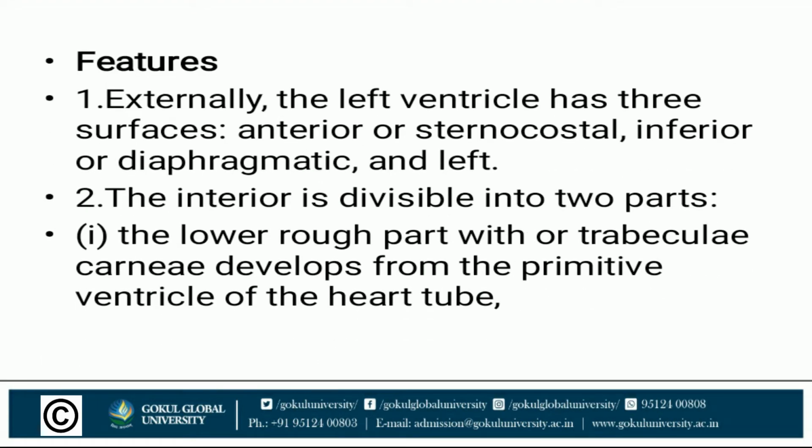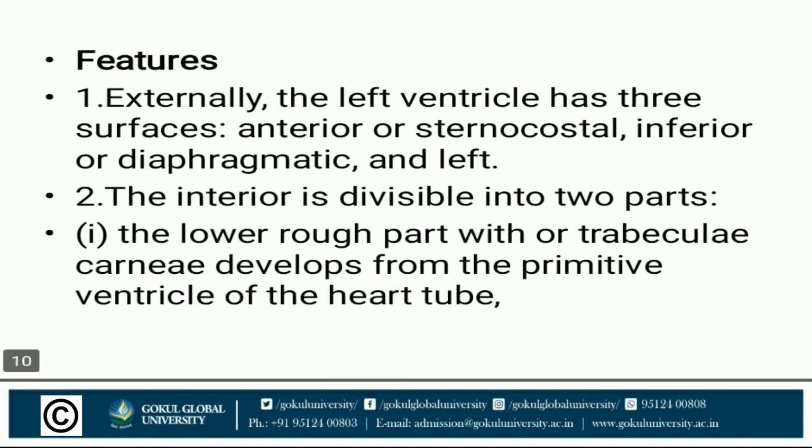Its features: externally, the ventricle has three surfaces: anterior or sternocostal, inferior or diaphragmatic, and left. The interior is divisible into two parts. First let me show you the surfaces.